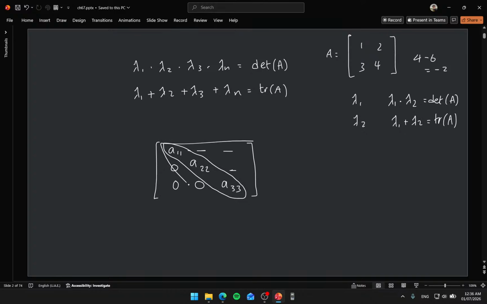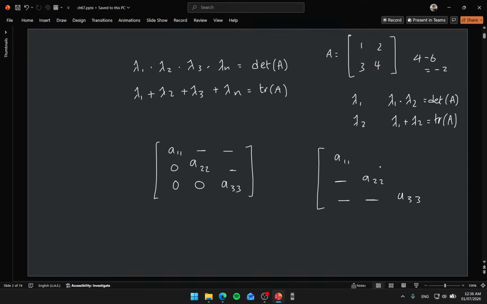So this is an upper triangular matrix. The lower is the exact opposite: A11, A22, A33, and we have some values here, and the zeros are above the main diagonal, so this is a lower triangular matrix.